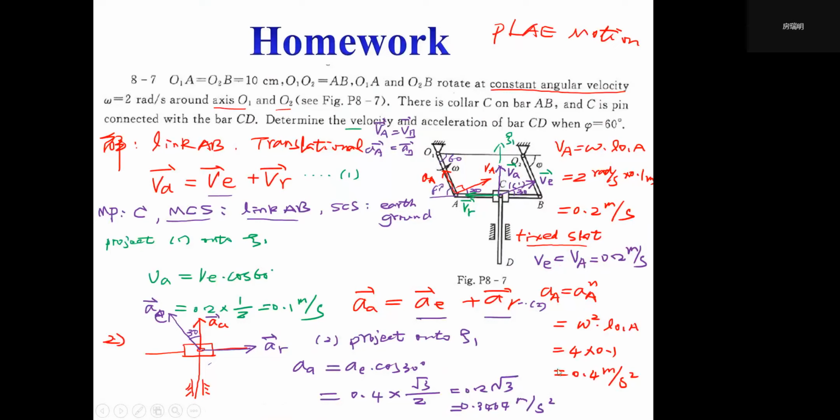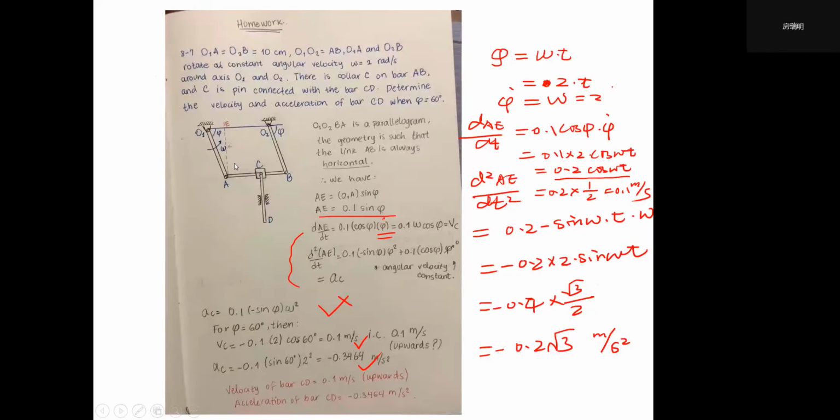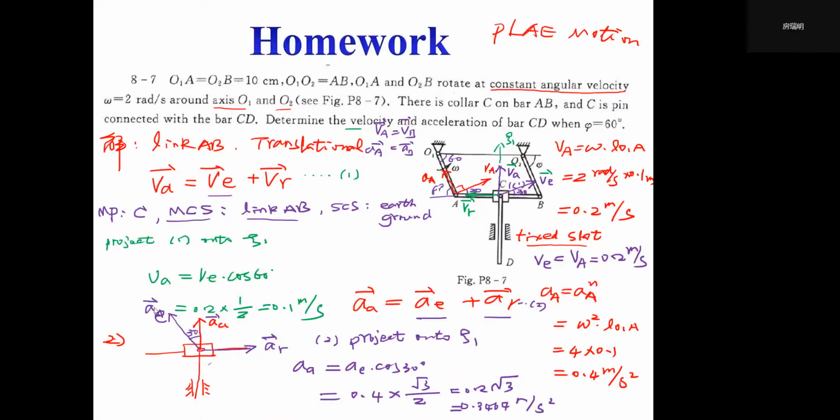Since our result is positive here and positive here, that means the real direction of velocity and acceleration of bar CD will be upward. Because that method just uses the derivative calculation, it will have this minus sign, right? Just because of this. So I have finished this homework.